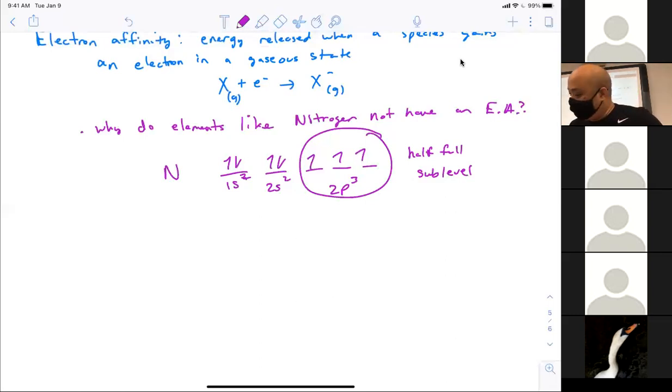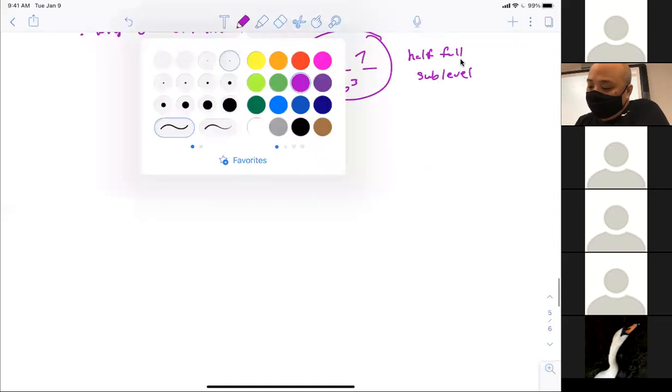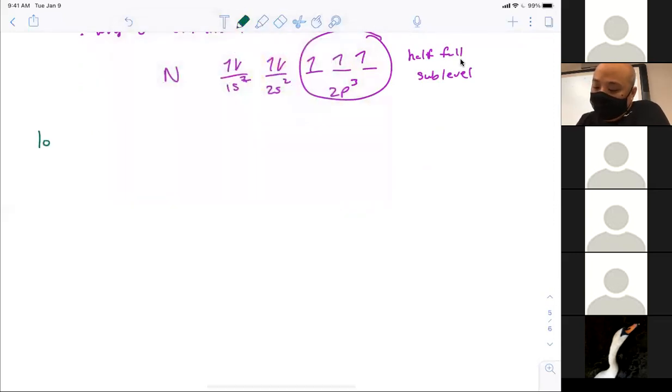Questions on that? Okay. Now, ionic radius. Ionic radius isn't really a trend. I find it's kind of weird. Well, it is a trend, but in a different sense.